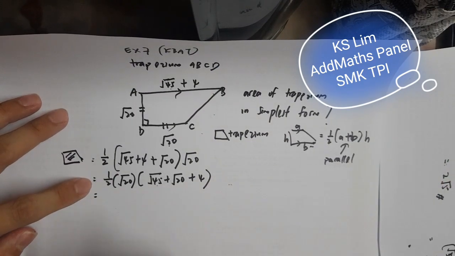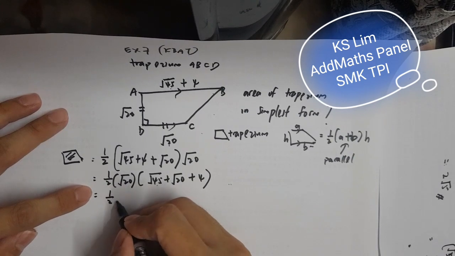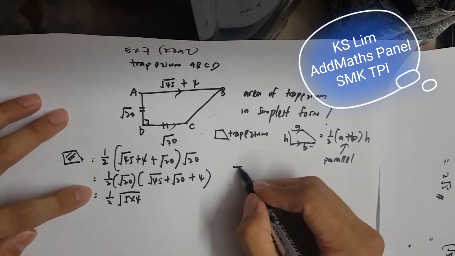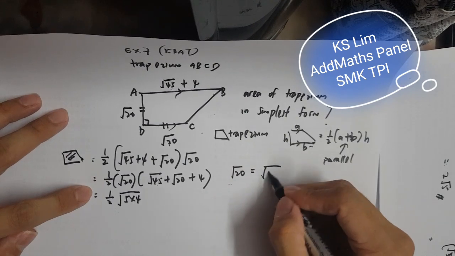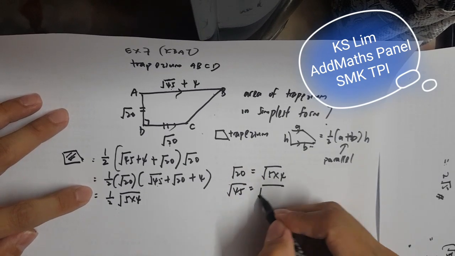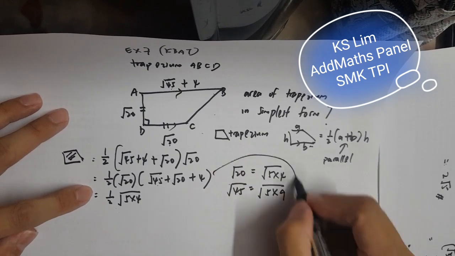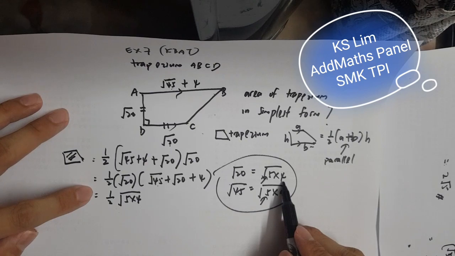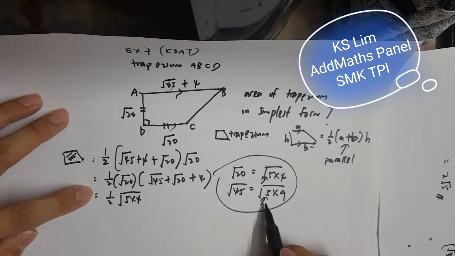So I try to make them all have something in common. Square root 20 means 5 times 4. Square root 45 is 5 times 9. There is a 5. Square root 4 gets 2, square root 9 gets 3. So the roots disappear, leaving square root 5.